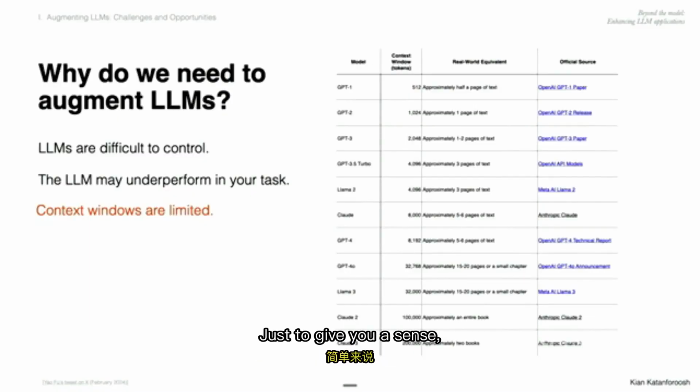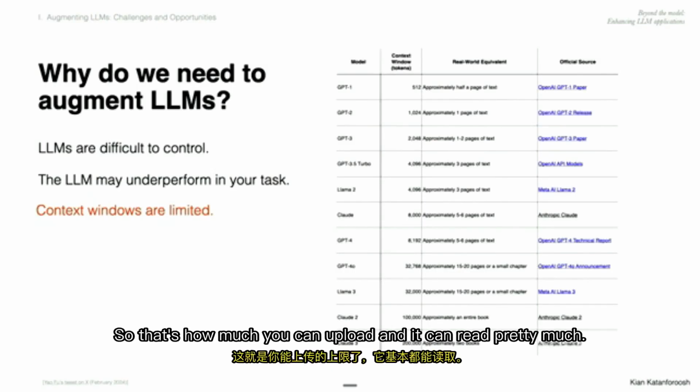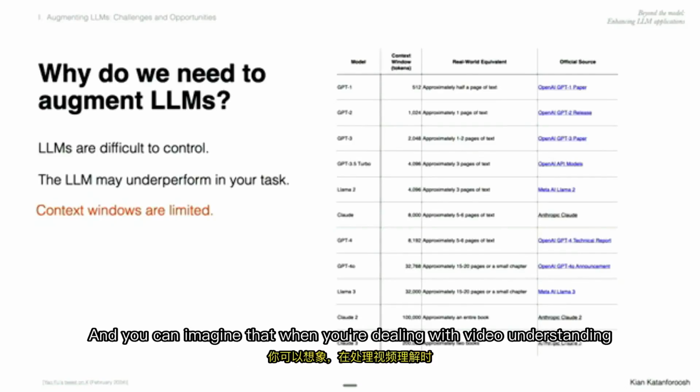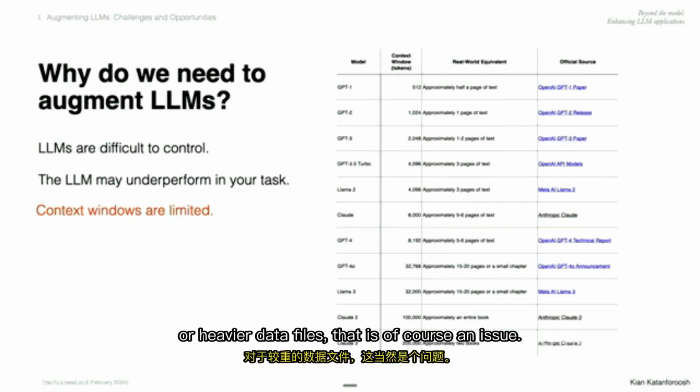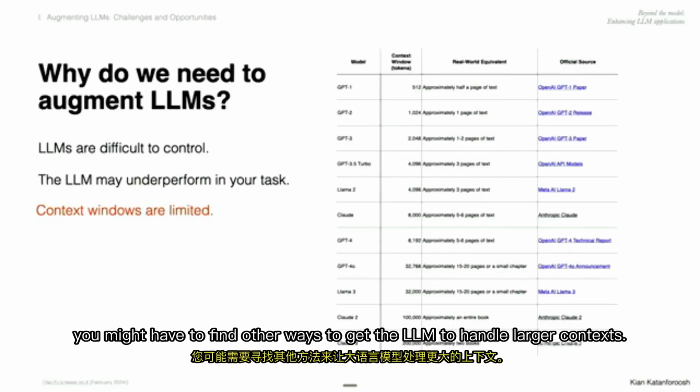Just to give you a sense, 200,000 tokens is roughly 2 books. So that's how much you can upload and it can read, pretty much. And you can imagine that when you're dealing with video understanding or heavier data files, that is, of course, an issue. So you might have to chunk it, you might have to embed it, you might have to find other ways to get the LLM to handle larger contexts.